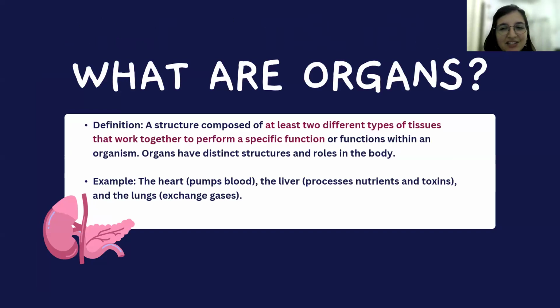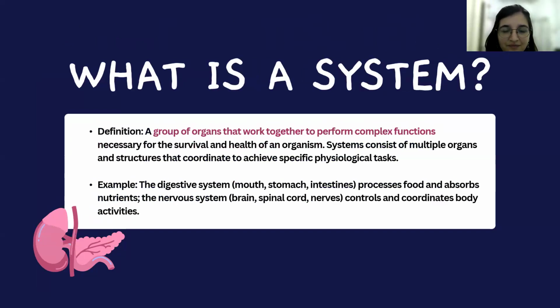It has to be at least 2 different types for it to be an organ. And then when you have a group of organs, different organs that come and work together, then you form a complex function, and that is what we call the system. So it's multiple organs. For example, your heart and your lungs, they are still involved.